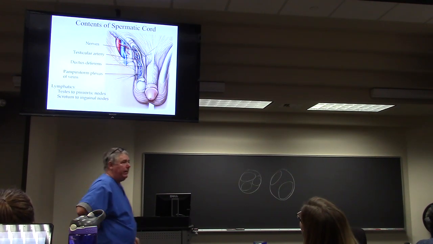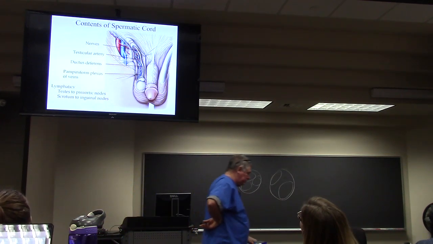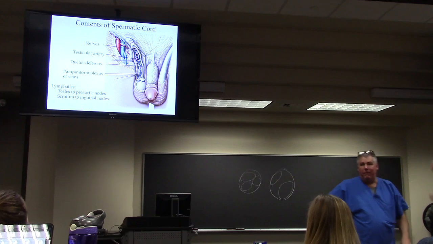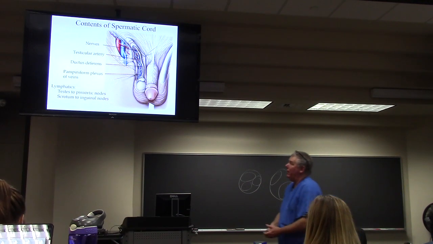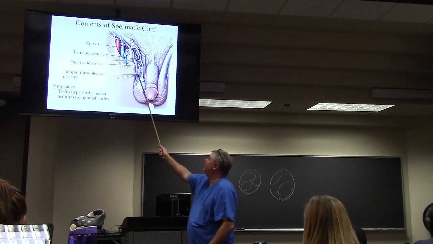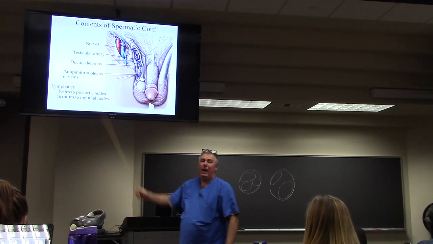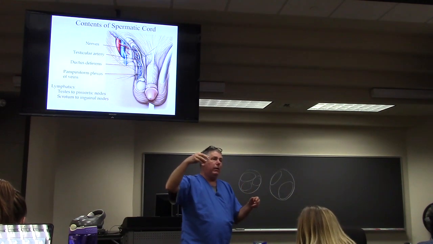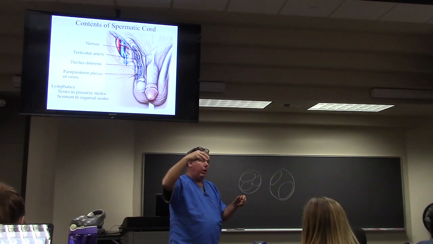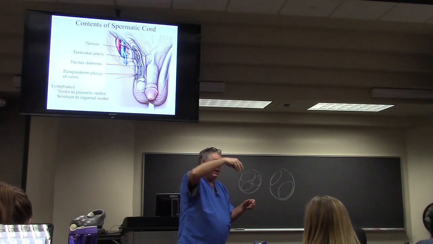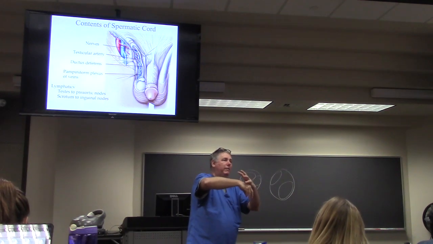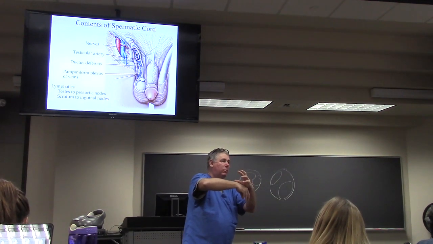And instead of a specific testicular vein, you have a network of veins called the pampiniform plexus. You've got hot blood in the artery going into the testicle, so you put all of these lower temperature veins around it.